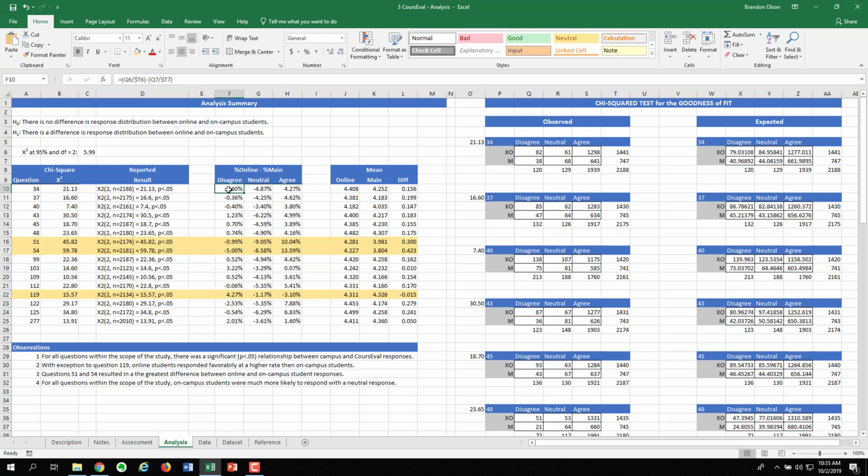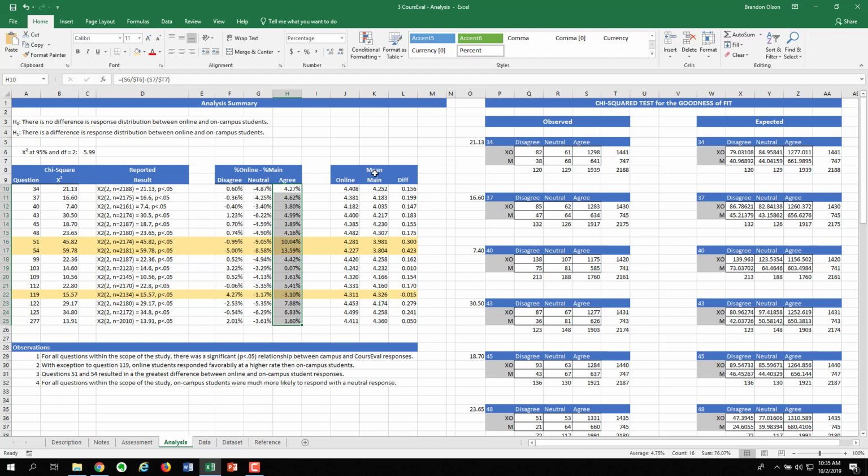What I found is that there are differences. For question 34, there was a 0.6 percent difference between the students that are online versus face-to-face. For question 37, actually fewer online students responded negatively than on-campus students. Then I did the same thing for neutral and agree.